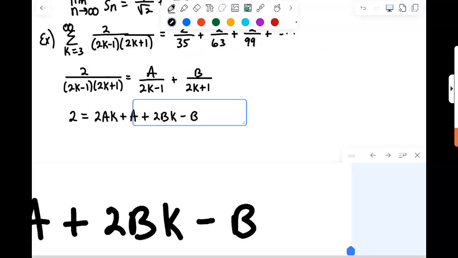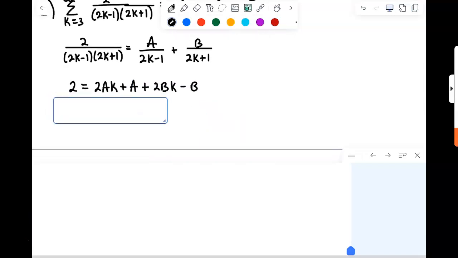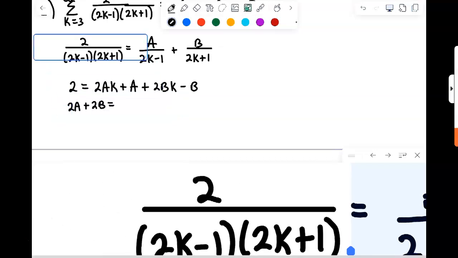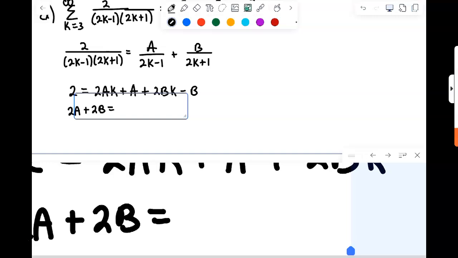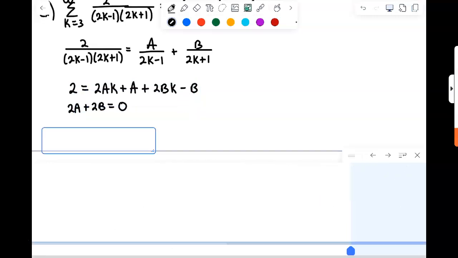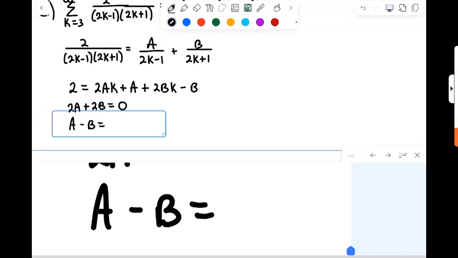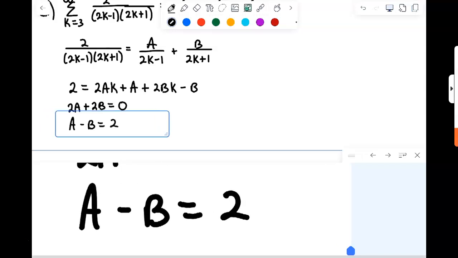And that leads us to a real basic system of equations here, equating our coefficients. 2a plus 2b has to be equal to, well, there are no k terms, so that would be 0. And a minus b has to be equal to 2.